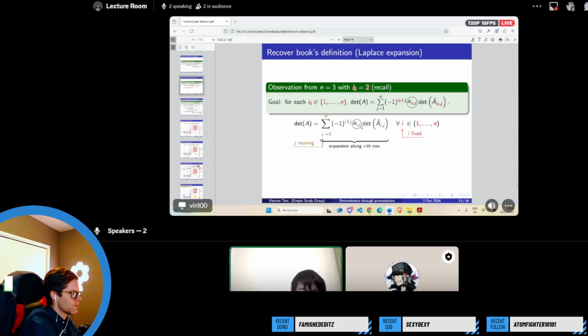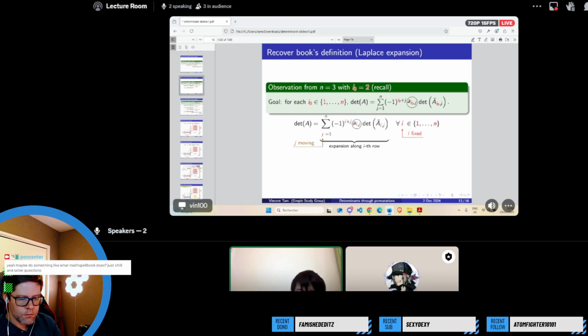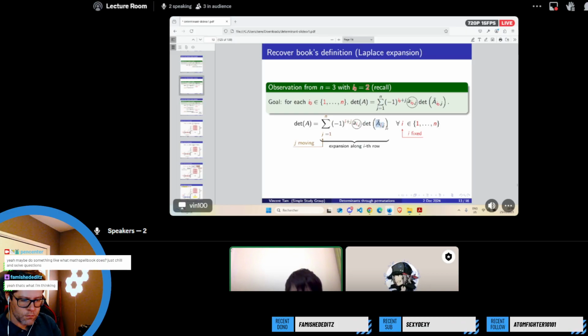For each row, we take an element, and then we take the determinant of the matrix with the row and the column containing the chosen element deleted.